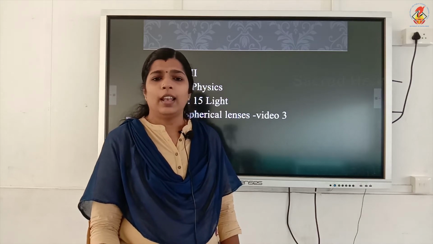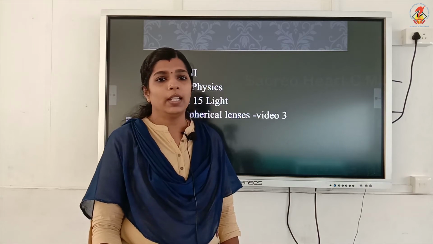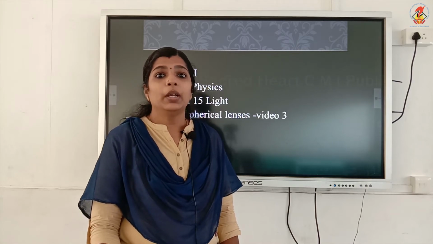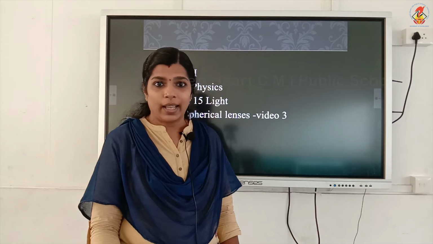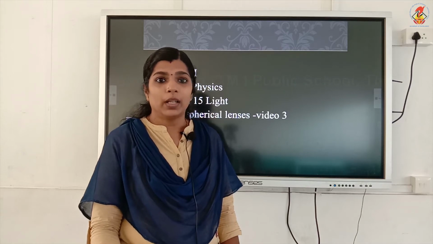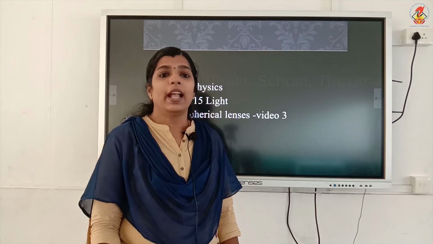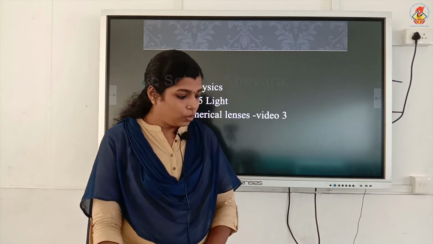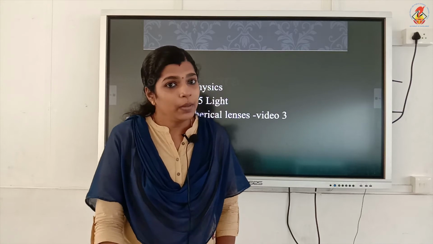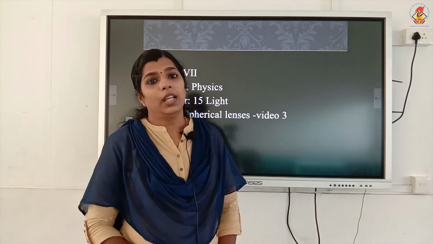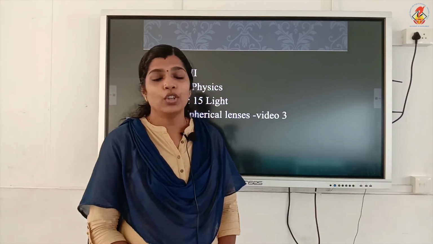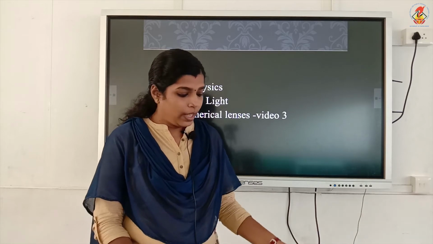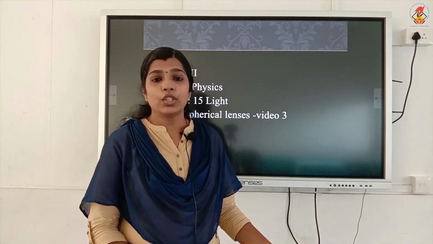There will be bending of the light rays as they pass through a lens, and their direction changes. So their working principle is refraction of light. A lens works on refraction of light.